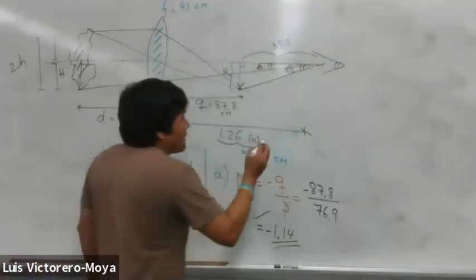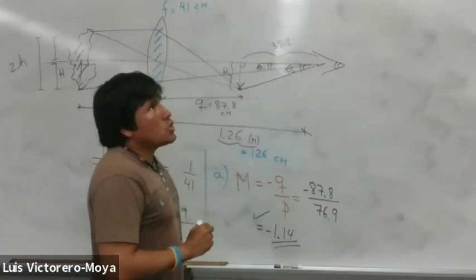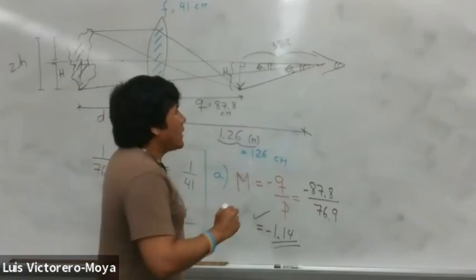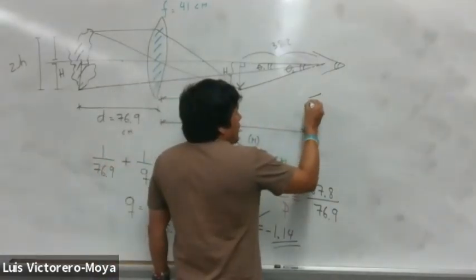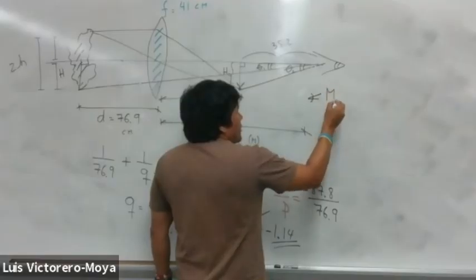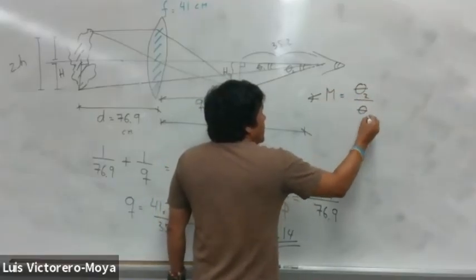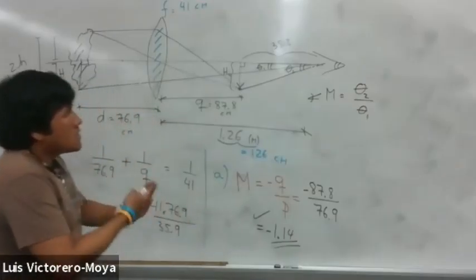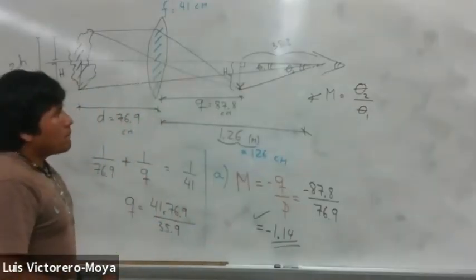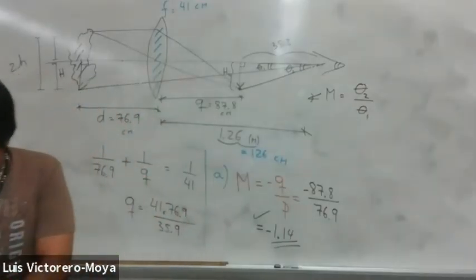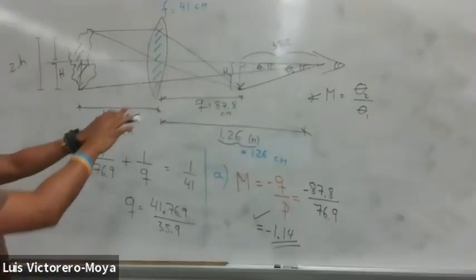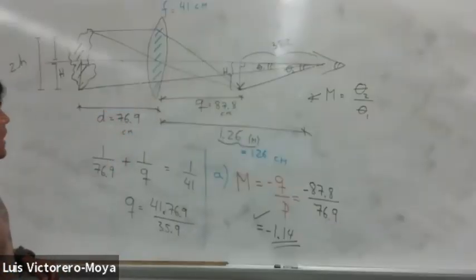So the angular magnification, which we label here, is θ2 over θ1. Right? But if you remember, and given these numbers and the size, you can use that approximation.